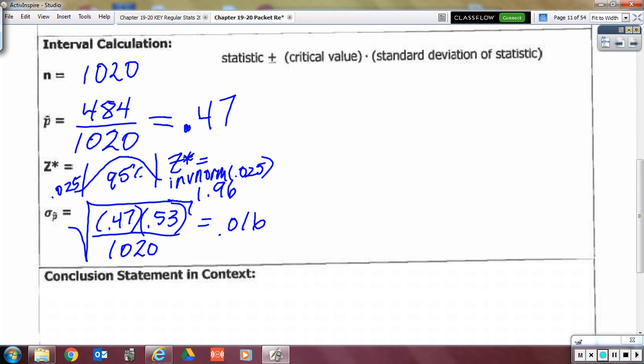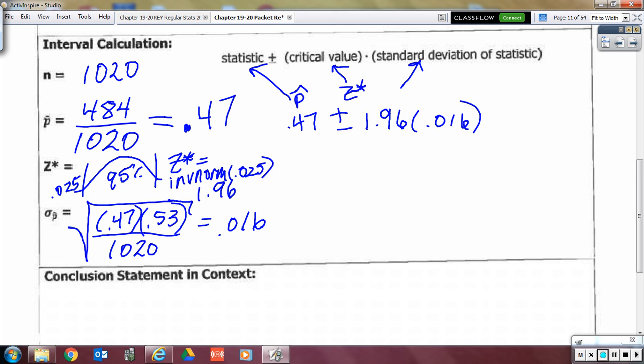All right, so there's all the facts. Let's now go make our interval. I wrote the formula up here for you. What is this statistic? Okay, that's your p hat, and our p hat is 0.47 plus or minus. This critical value is z star, and we said that is 1.96. This standard deviation is 0.016.